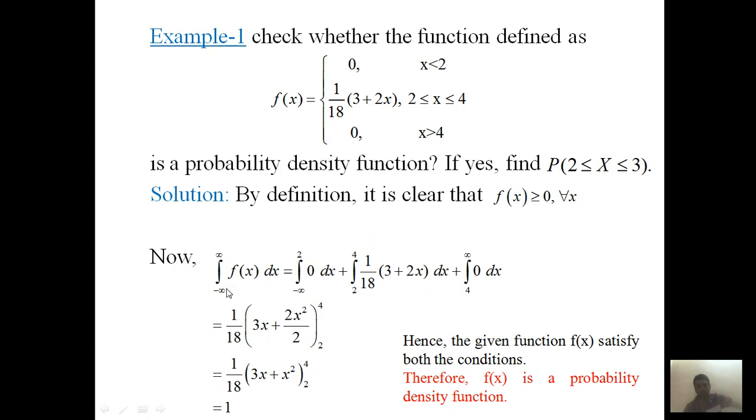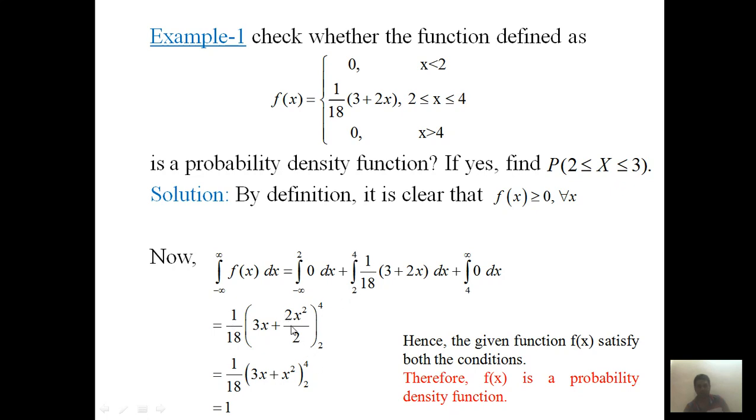So the integral from minus infinity to infinity of f(x) dx is the integral from 2 to 4 of 1/18 (3 plus 2x) dx. Now, simple integration with respect to x: 3 is constant, so the integration of 1 is x, plus 2 is constant, the integration of x is x square by 2. 1/18 is constant, so it is outside, and the boundary is 2 to 4.